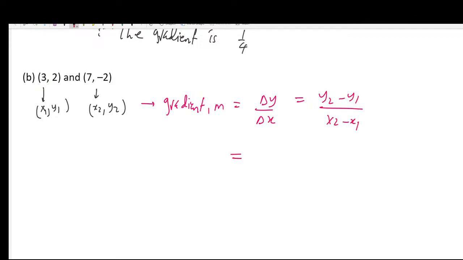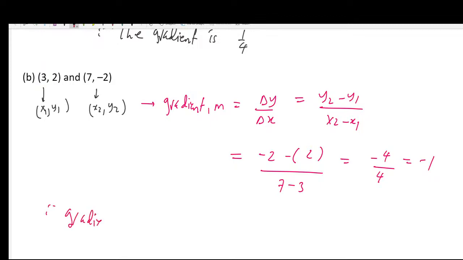So we'll have negative 2 minus 2 over 7 minus 3. We'll have negative 4 over 4, which is equal to negative 1. So we can conclude that the gradient is negative 1, dear students.